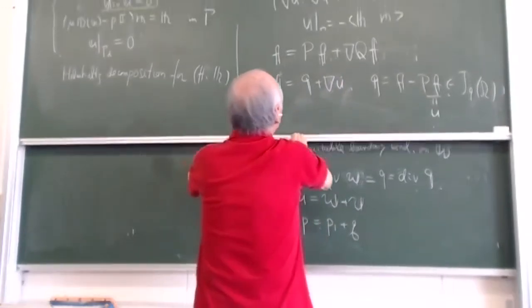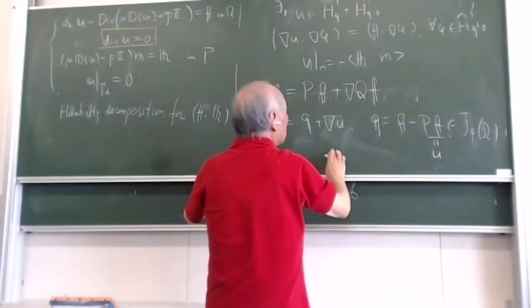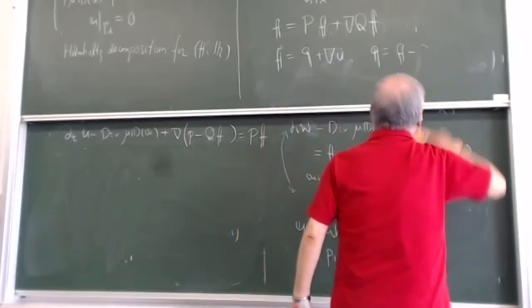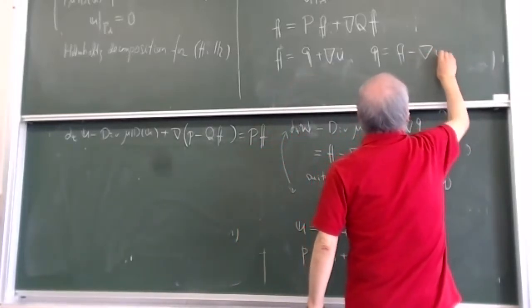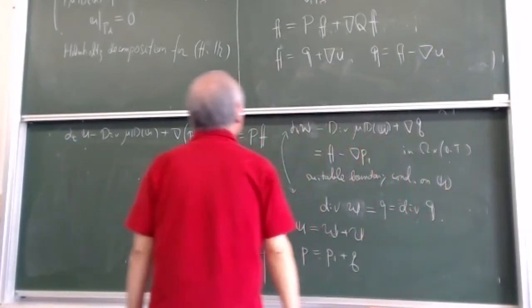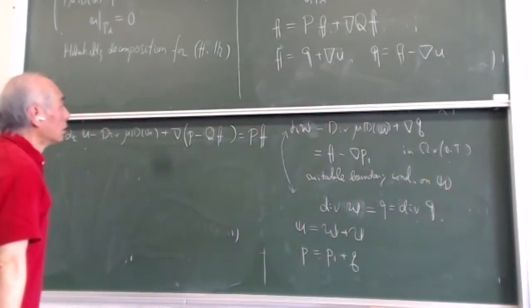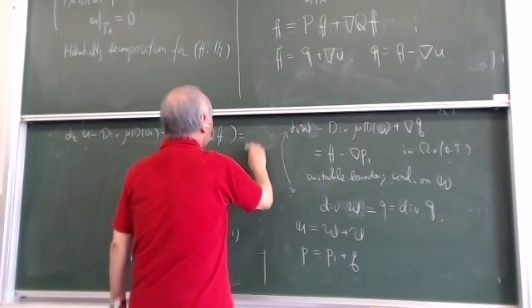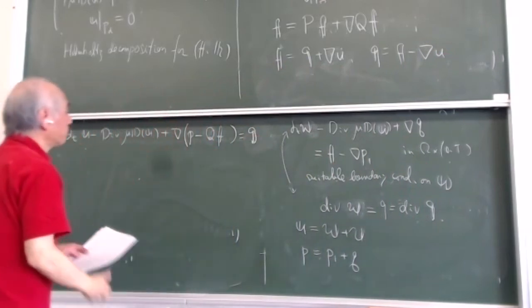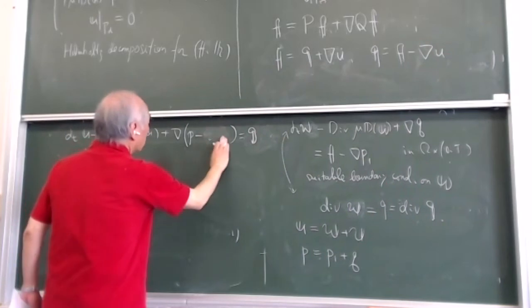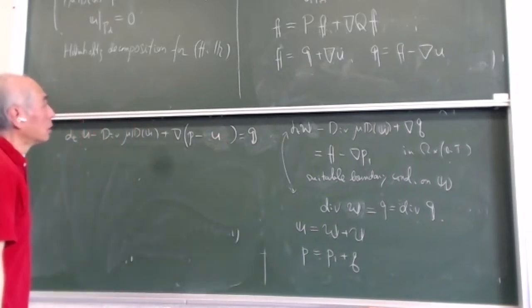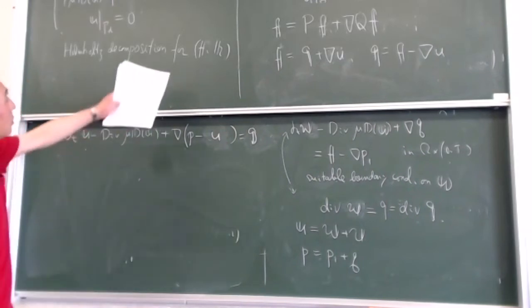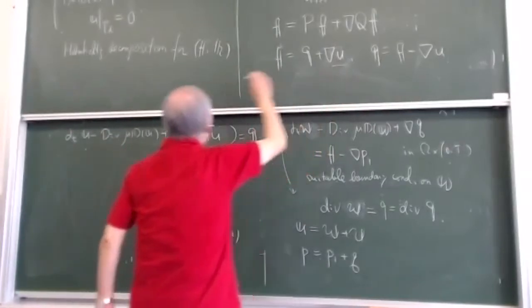There's F minus W. So F, F minus W. So then we write G, here is G. So this is maybe better to write U. Just this time, just move to left.